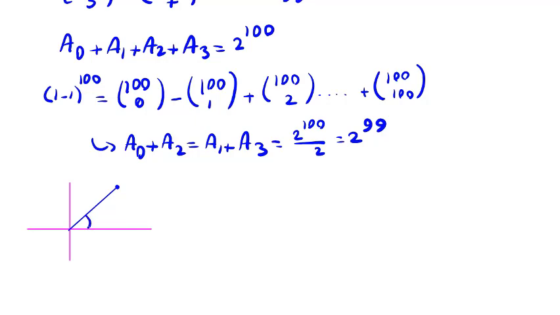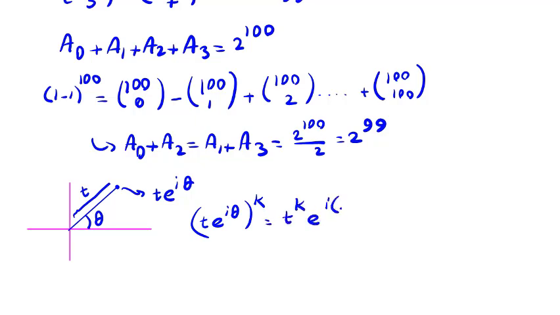For example, the Ross program used this idea in 2022. Suppose the length of this is t, so if you want to show this point, it is t e to the power of i theta, where e is Euler's number. If you raise this to the power of k, it will be t to the k times e to the i theta k.